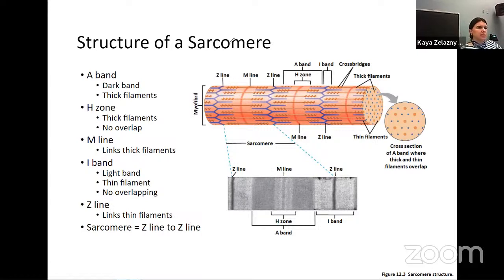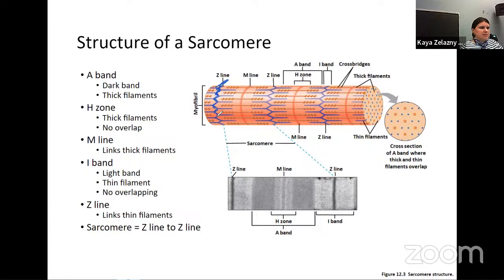those thick and thin filaments again. So what we're looking at for our sarcomere, we're going from this zigzaggy line. This is actually called our Z line, or zigzag, right? So this Z line is basically the start of our thin filaments.